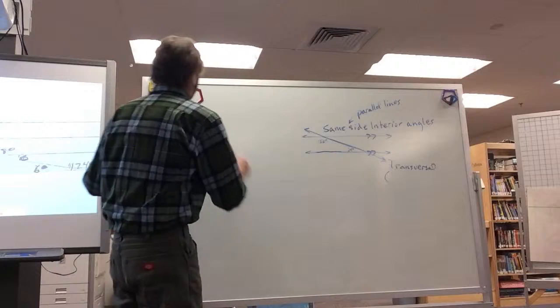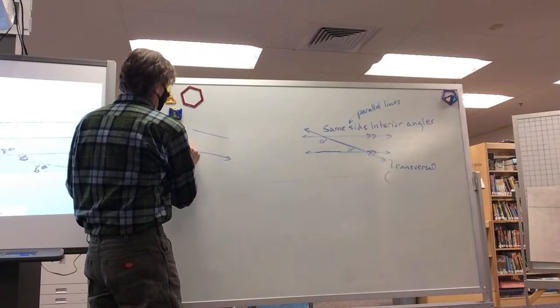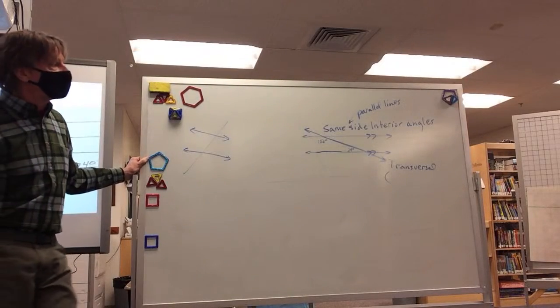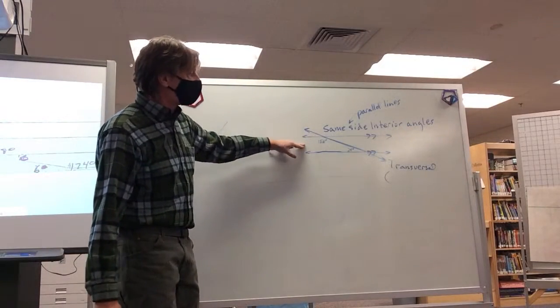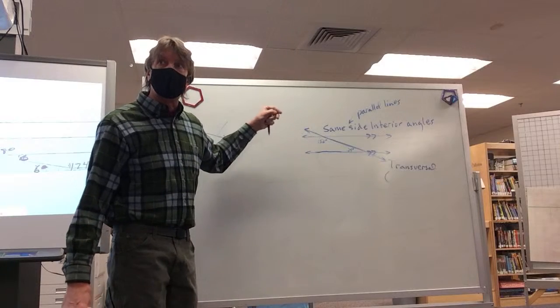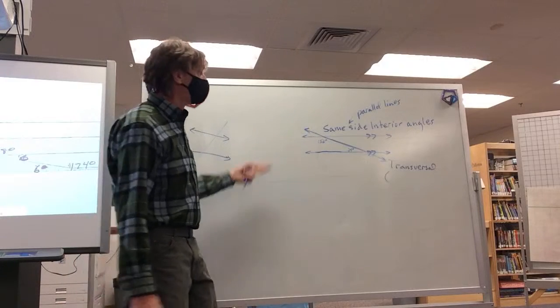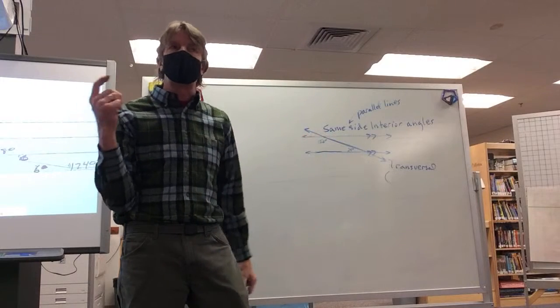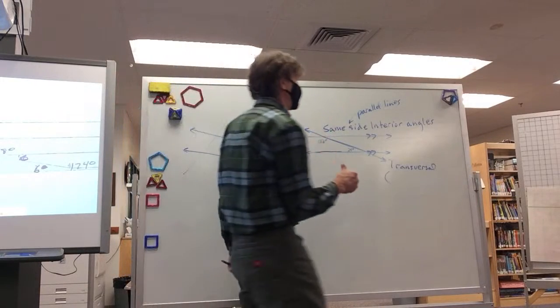Now, we could have two lines like this that are not necessarily parallel, and they can have a transversal. But where it becomes more meaningful is when the lines being crossed are parallel to one another, because then there's a relationship between the angles that's going to make sense to us.